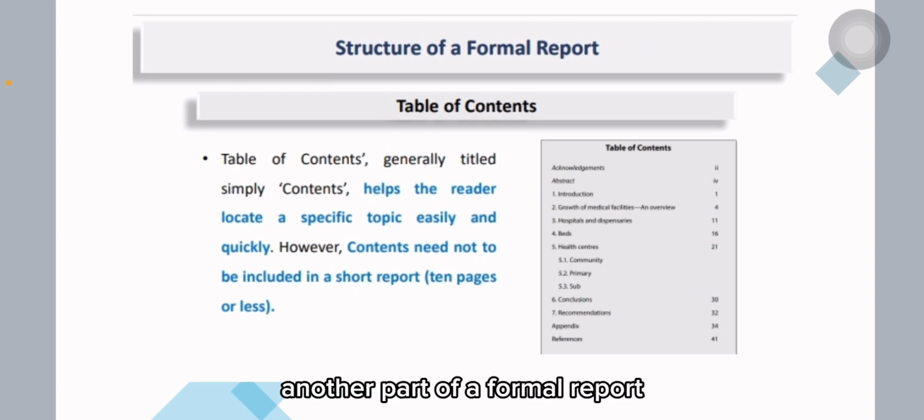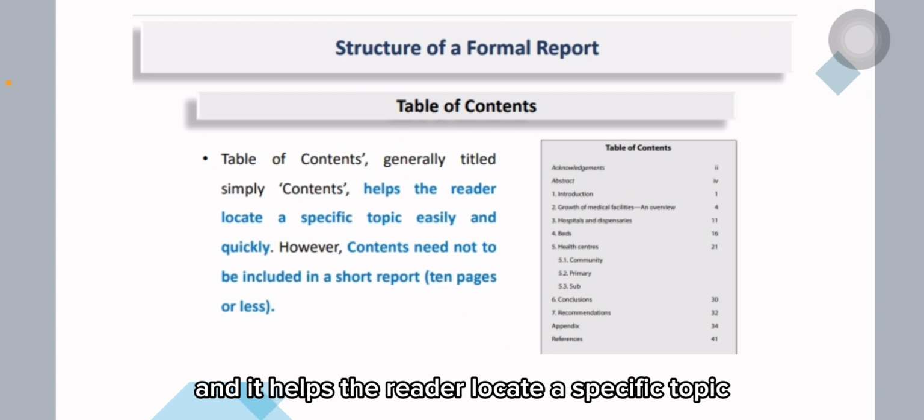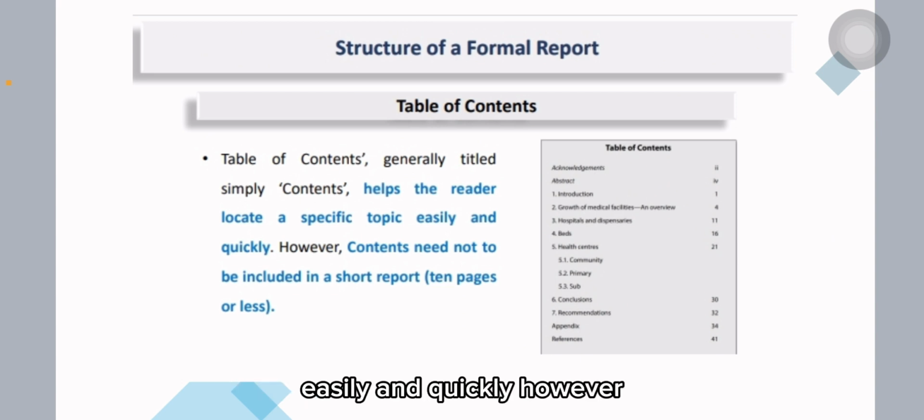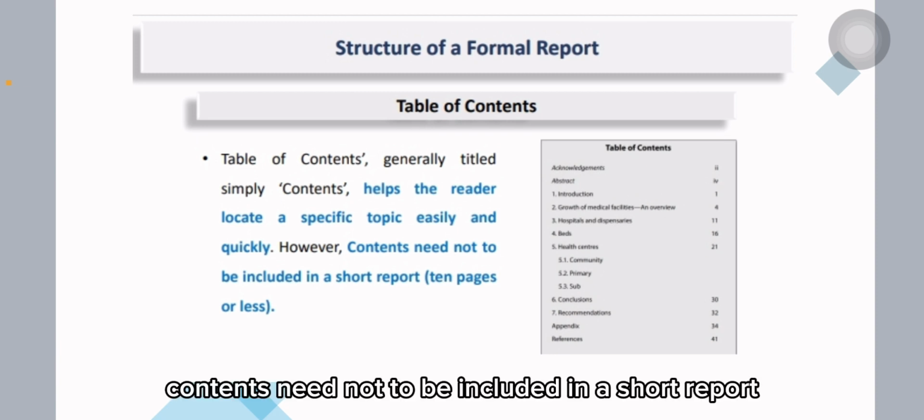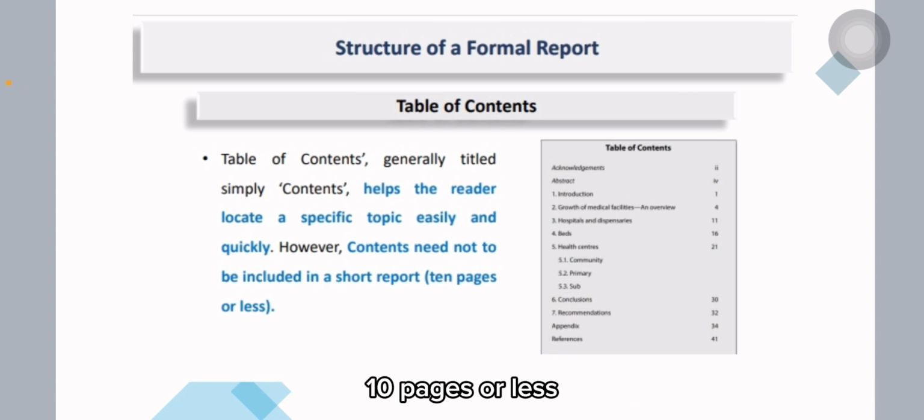Another part of a formal report, and you will be doing this also, is a table of contents or an outline. So it's generally titled simply Contents, and it helps the reader locate a specific topic easily and quickly. However, contents need not be included in a short report, 10 pages or less.